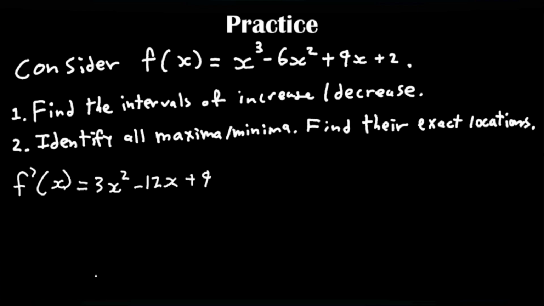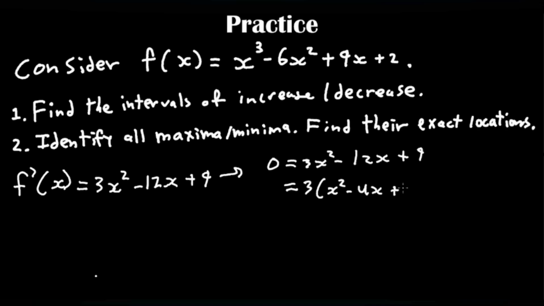Okay, so now we need to find the zeros of this, because the zeros of this function are going to act as the boundary between where the first derivative is positive and negative. So if we set this equal to 0, we can factor out 3 from all these terms. So 3 times x squared minus 4x plus 3.